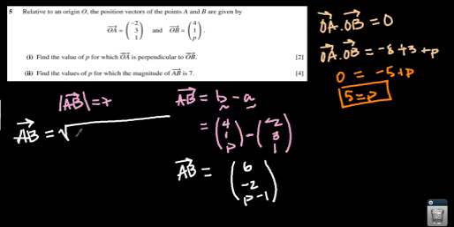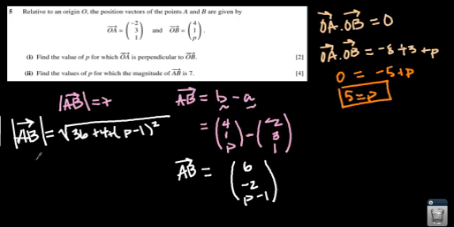Just like with the distance formula, we're going to be squaring our values. So 6 squared is 36, negative 2 squared is 4, and we're going to add P minus 1 squared. I'm not even going to FOIL that out right now, and you'll see why in a second. That's the magnitude of vector AB.